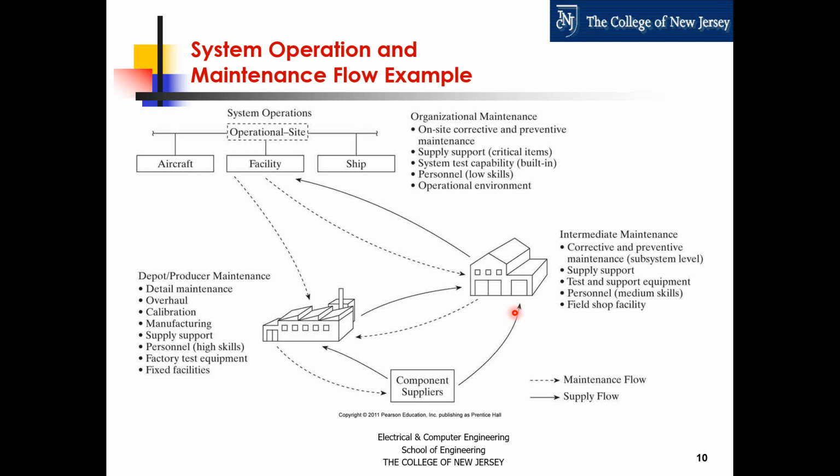The factory clearly is going to supply the intermediate facility, and then the intermediate facility is going to supply the operational site. Notice that the factory does not send anything back to the operational site, even though it does receive goods from the operational site. That is a logistic aspect, a characteristic of the logistics that we are defining through this diagram.